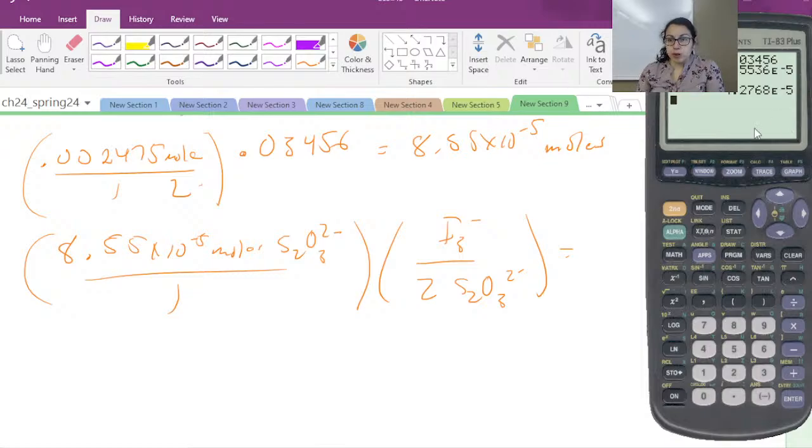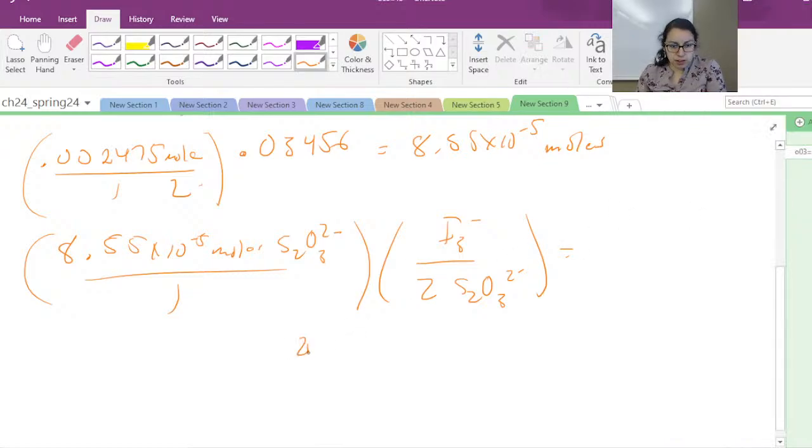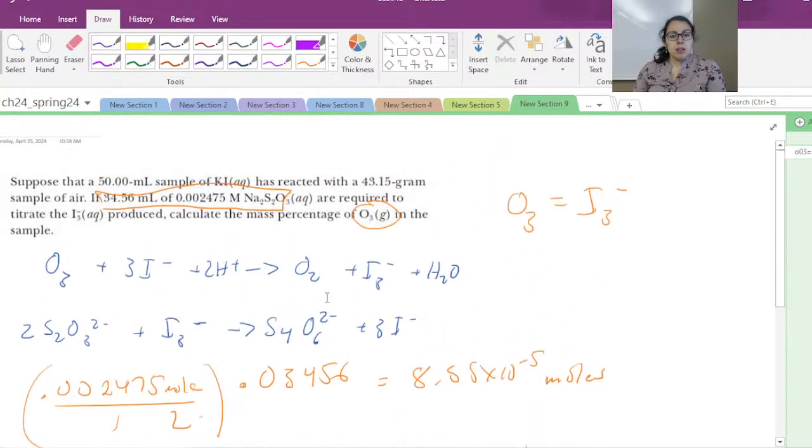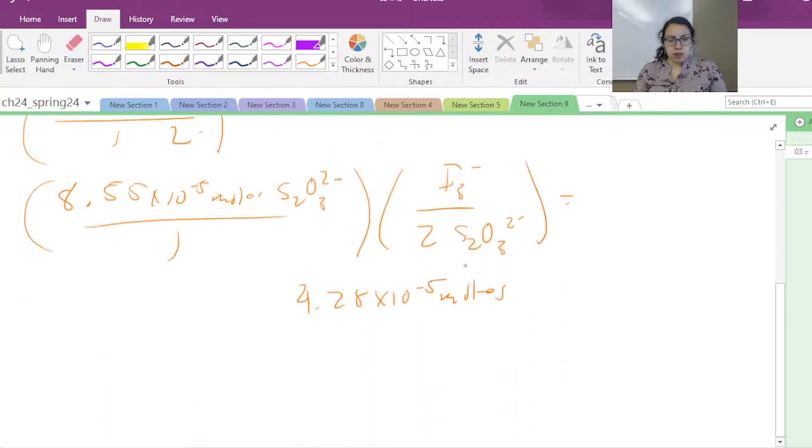So now 4.27 or 4.28 times 10 to the negative fifth moles. And so then if we read the problem, right? So we reacted a 43.15 gram sample of air. We're trying to figure out ozone mass percentage. So now we can get, right, mass of ozone.